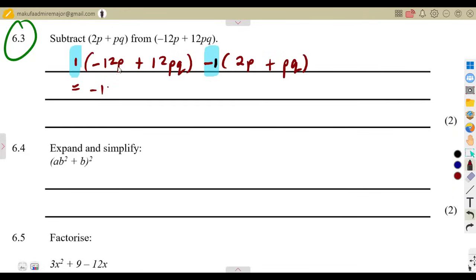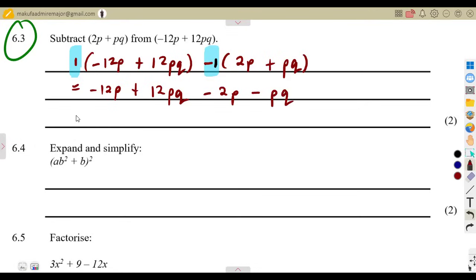So 1 times minus 12p is minus 12p. 1 times 12pq is 12pq. Minus 1 times 2p is minus 2p. Minus 1 times a positive pq is minus pq.